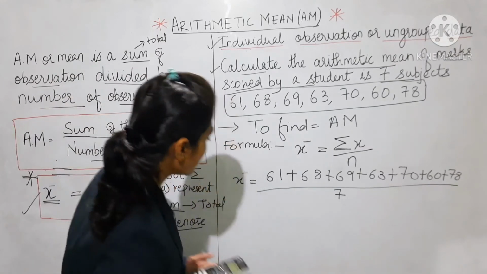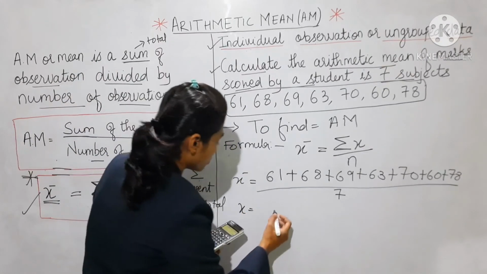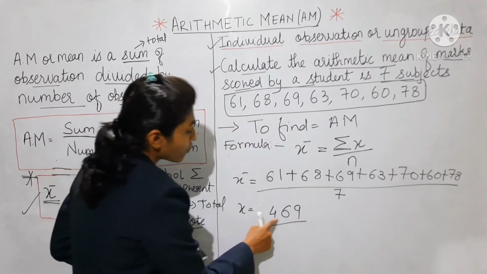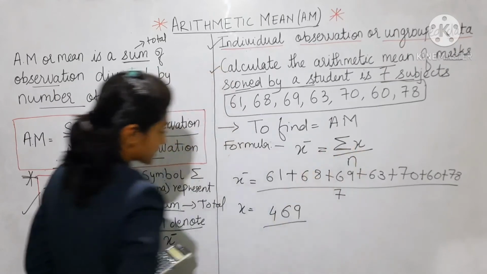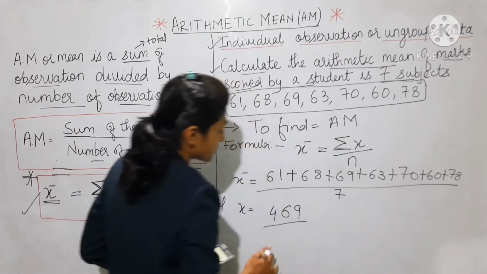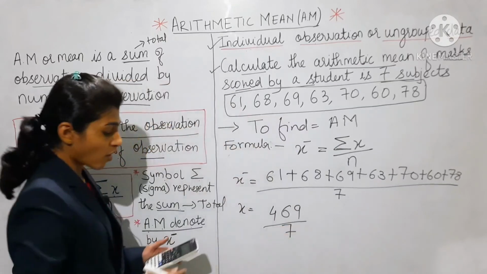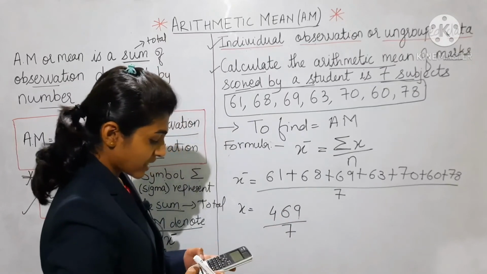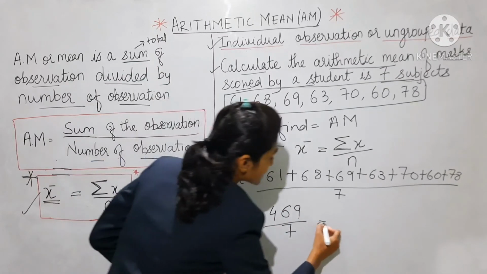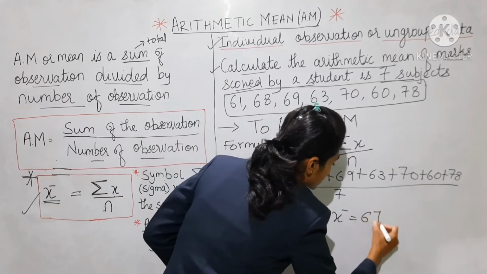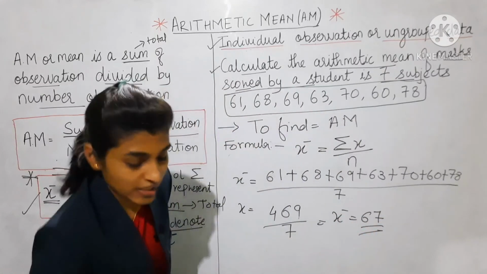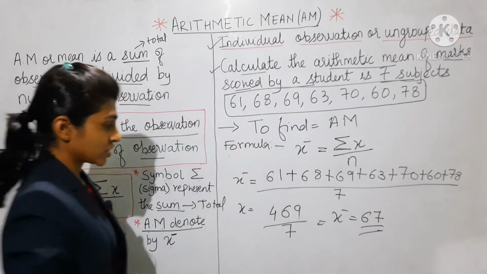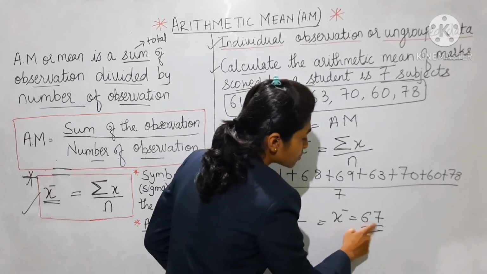The total you get is 469, which is the sum of x, the total of these individual observations. Divided by number of observation, 469 divided by 7, we get x bar is equal to 67.